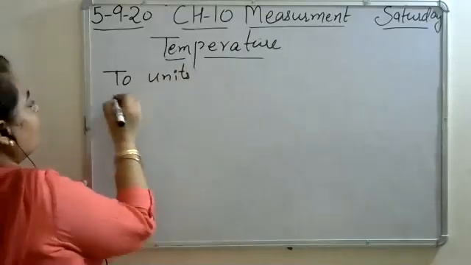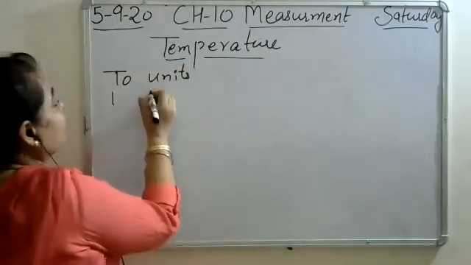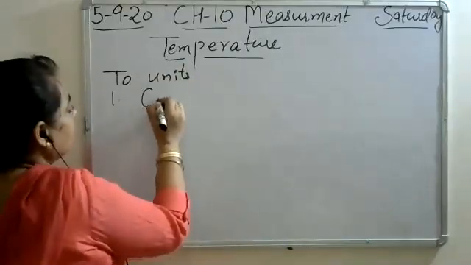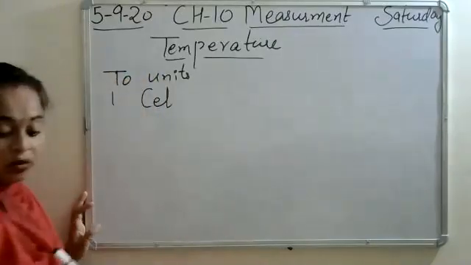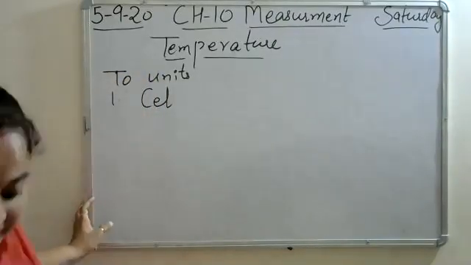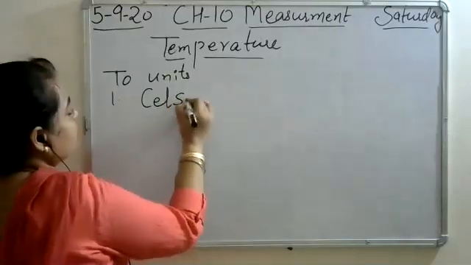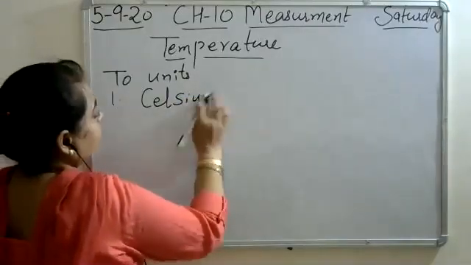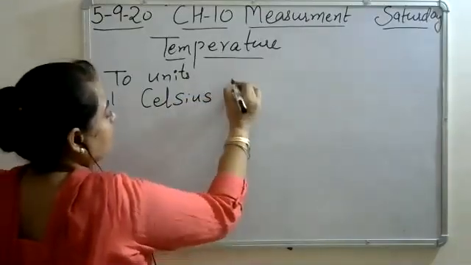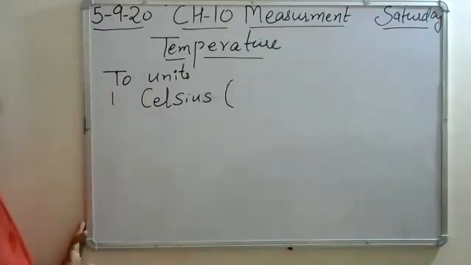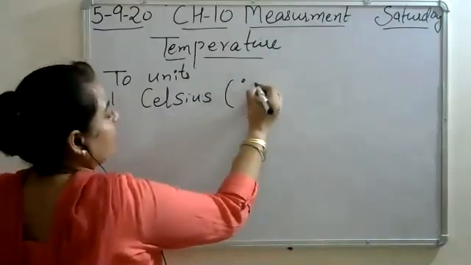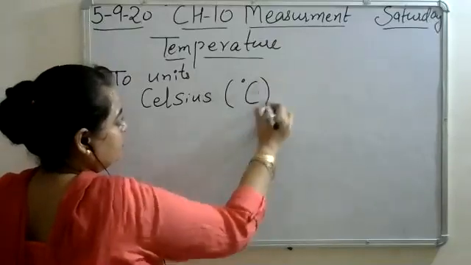The name of the first unit is Celsius. Write down. The name of the first unit is Celsius. This is written as degree capital C, Celsius.